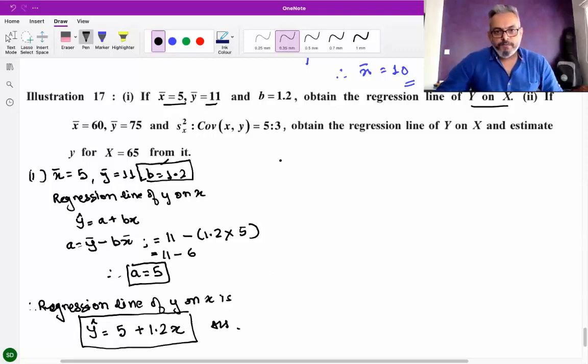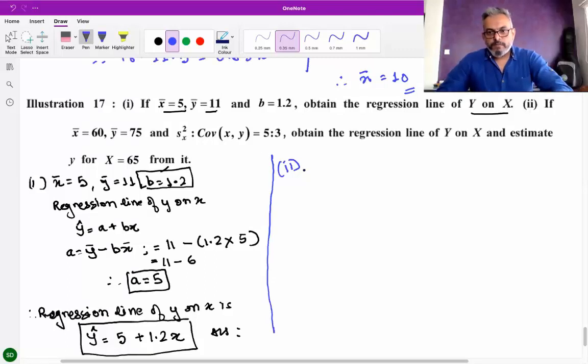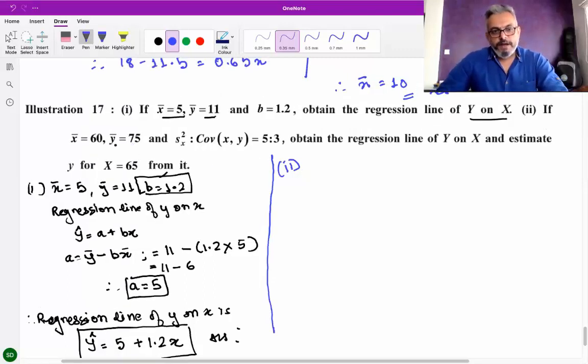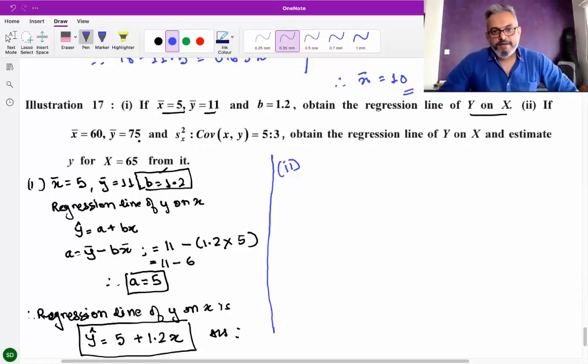And so, second one. If x bar is 60, y bar is 75, s square x is 2, covariance x comma y is equal to 5 is to 3.